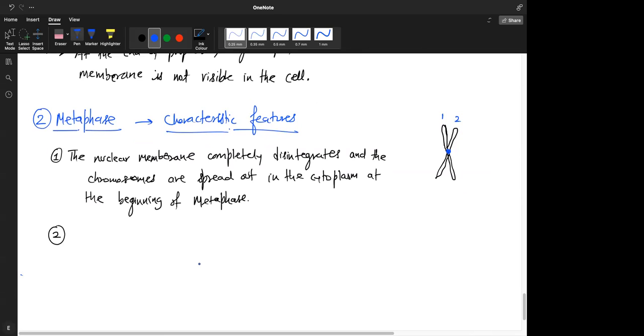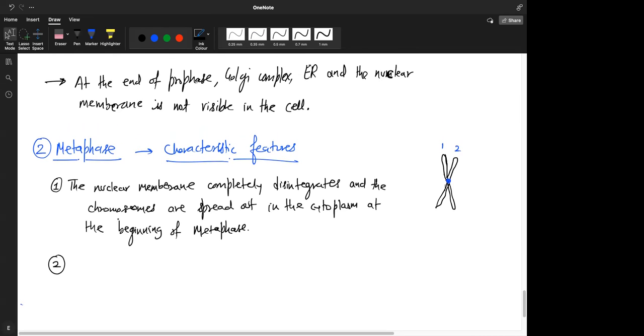At this stage, the chromosomes are made up of two sister chromatids joined together by what keeps them together? What is in the center, this blue thing?